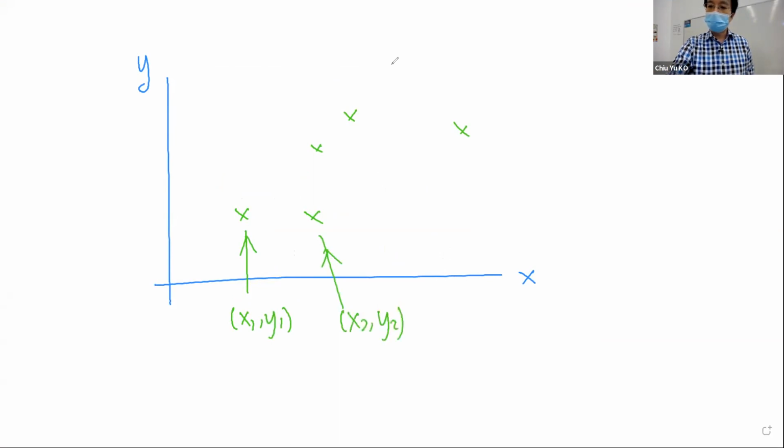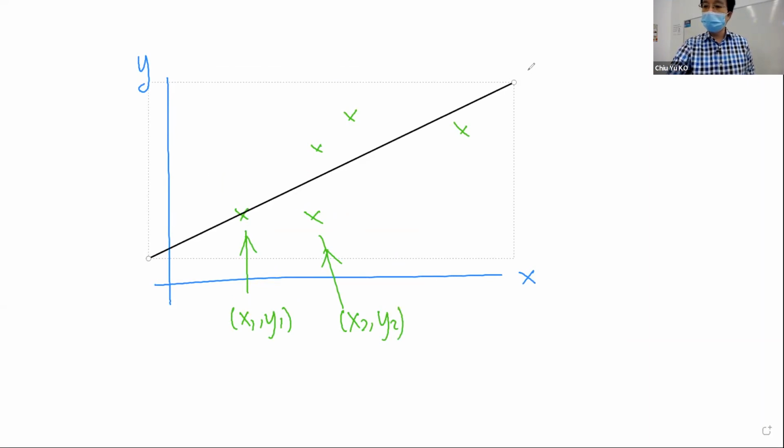And the thing here is I want to have a line, and this line will be Y hat equal to A plus BX. Oh, maybe this is not very good to be there. And this is the D1.